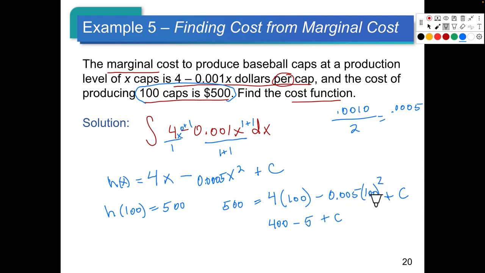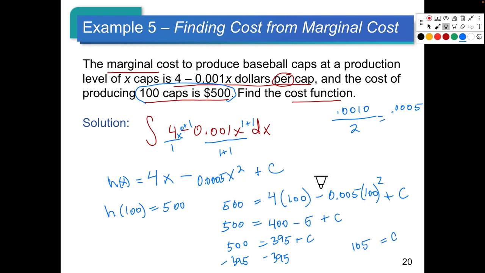Again, you could plug that in your calculator just to make sure, but I did this yesterday, so I'm actually doing it more from memory than anything else. Okay, 400 minus 5 is 395, plus a constant, equals 500. So subtract 395 from both sides, and we get that C equals, what's that, 105?